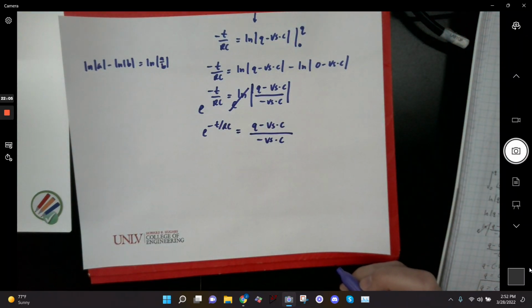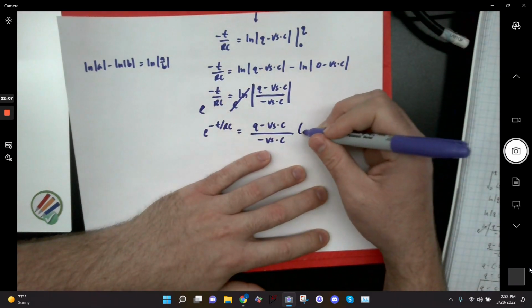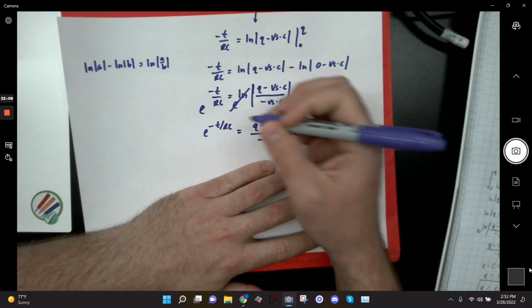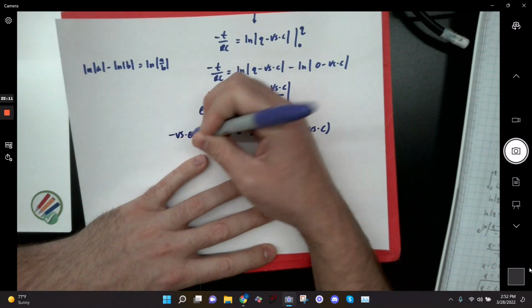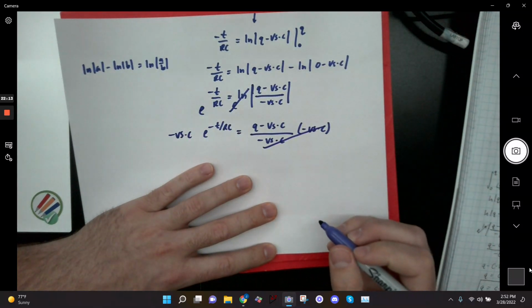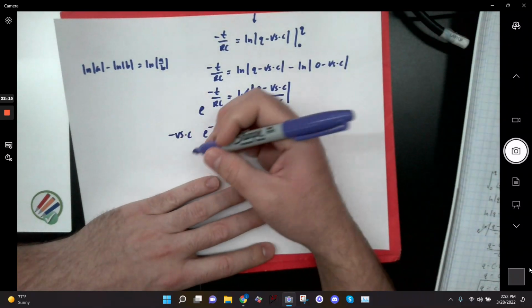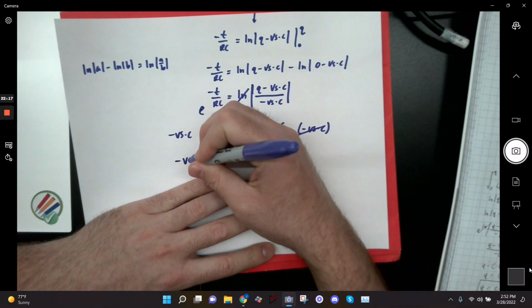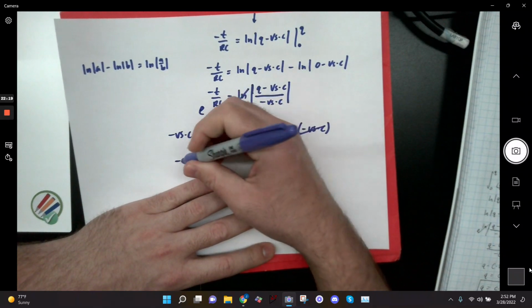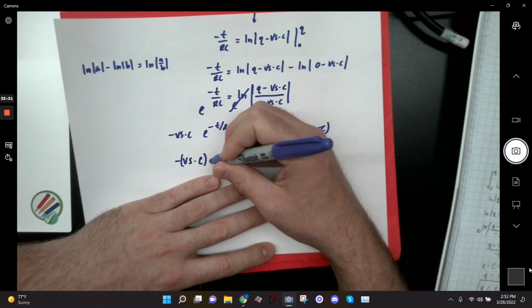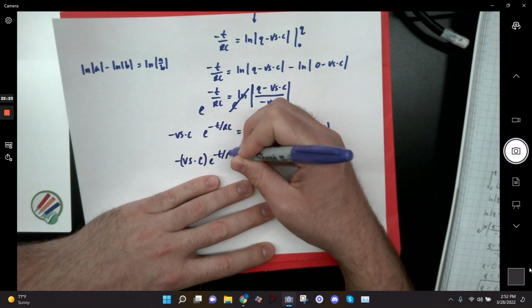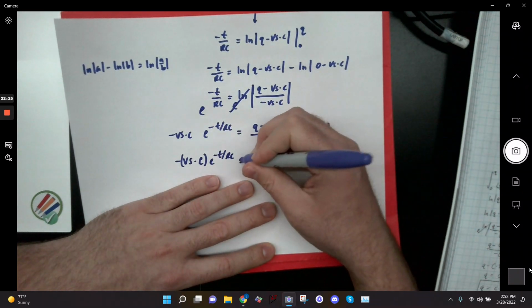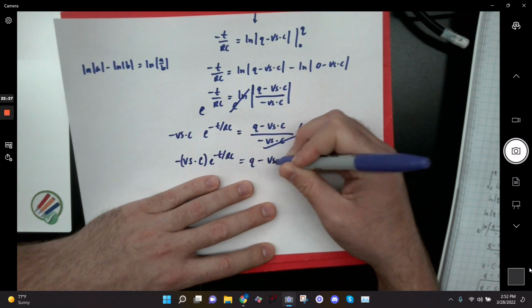Now I can multiply both sides by minus Vs times c to get rid of this, right? So I have minus Vs times c times e to the minus t over rc equal to q minus Vs times c.